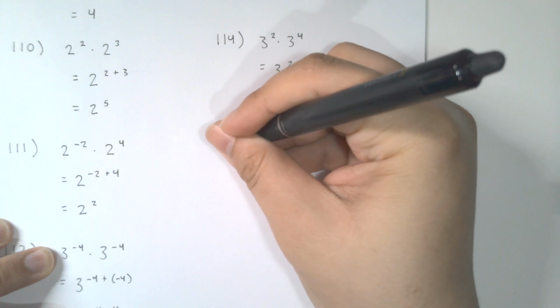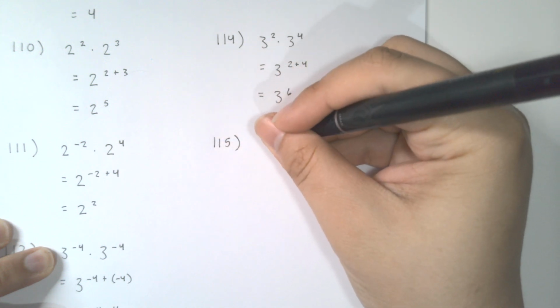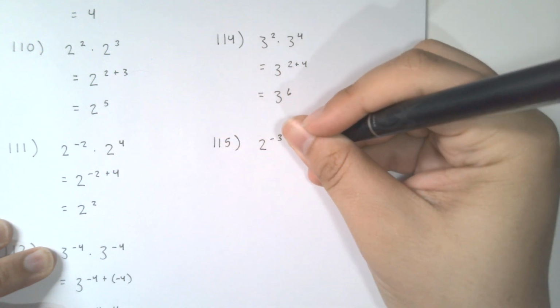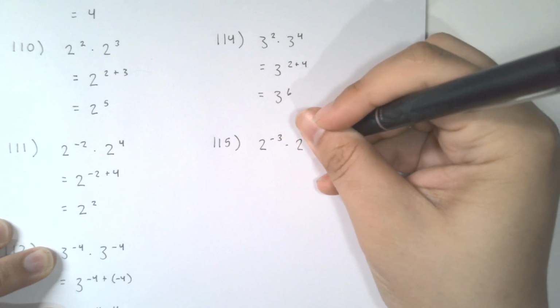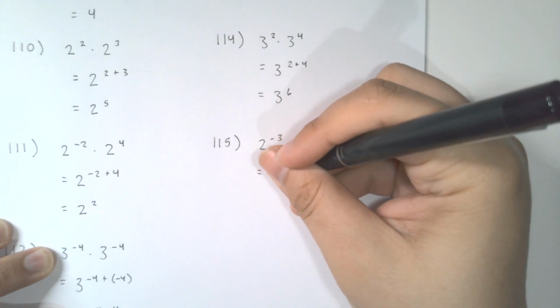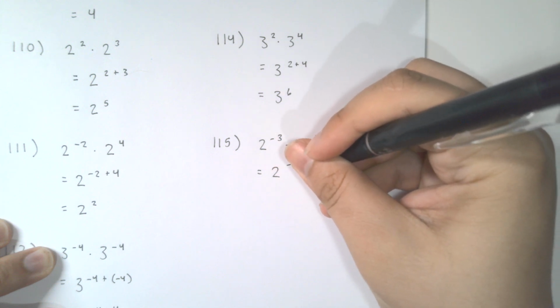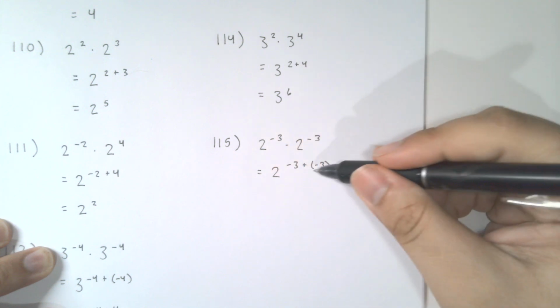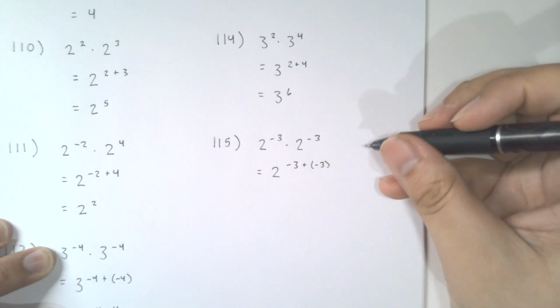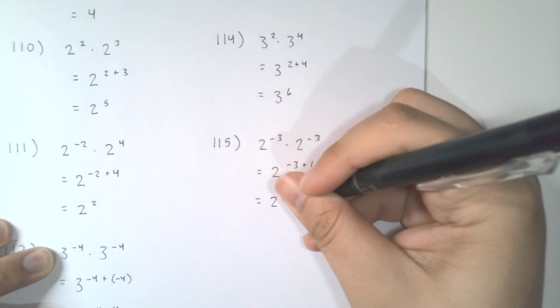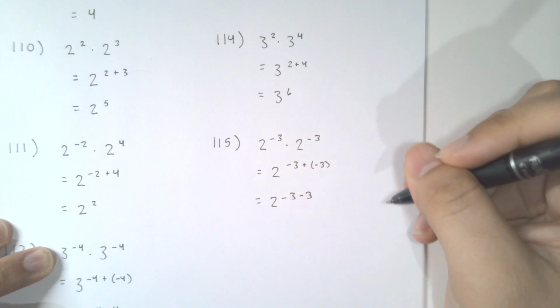For number 115, we have 2 to the negative third times 2 to the negative third. Add these two exponents together, we have negative 3 plus negative 3. Adding a negative number means that really we're just subtracting, so we have 2 to the negative third minus 3.